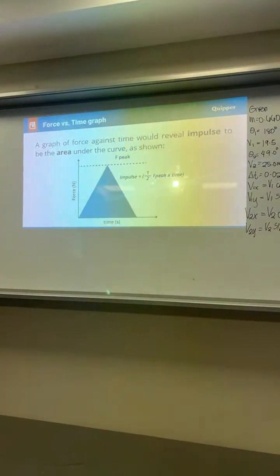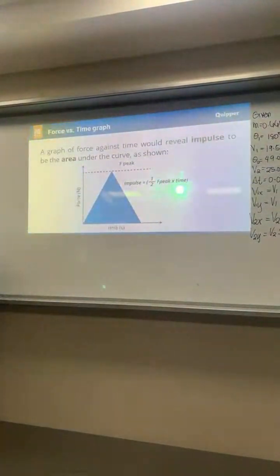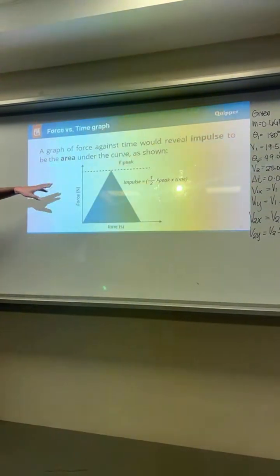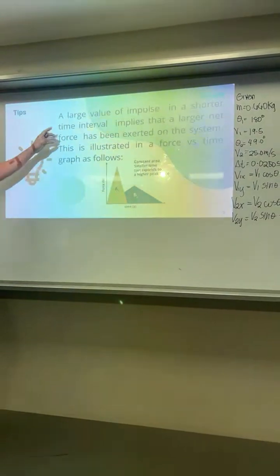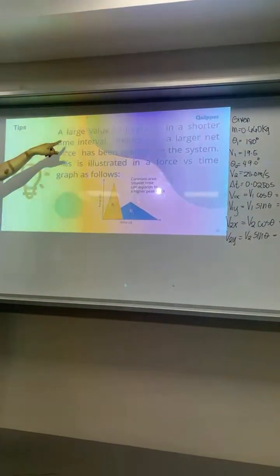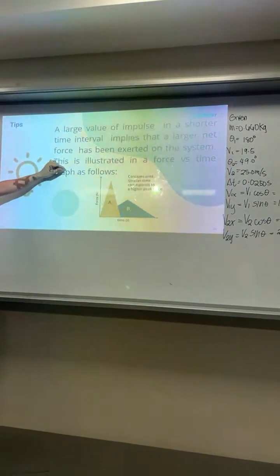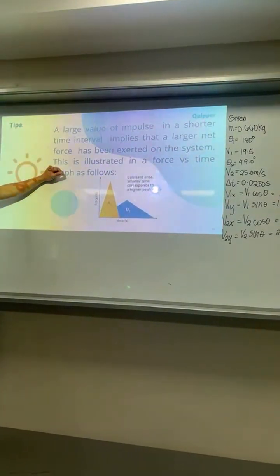Now, what kind of relationship does force have with time here? According here, a large value of impulse in a shorter time interval implies the larger net force has been exerted on the system.